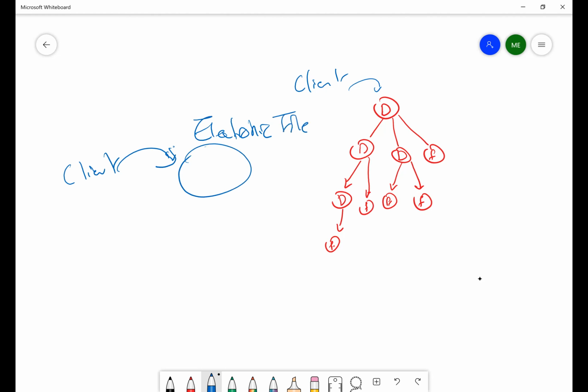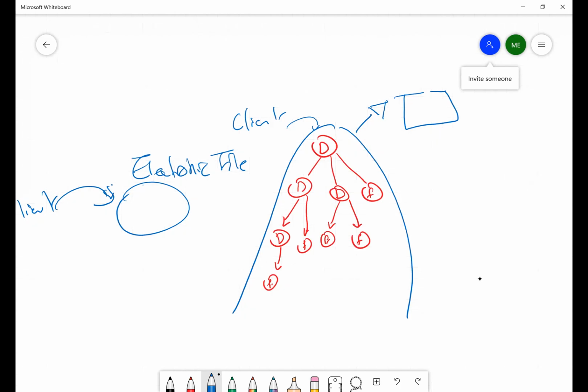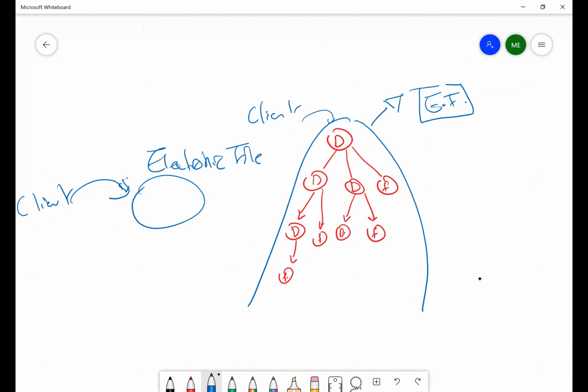file. Electronic file, that relationship between it and the client actually never changes. Everything over here is of type electronic file, right?